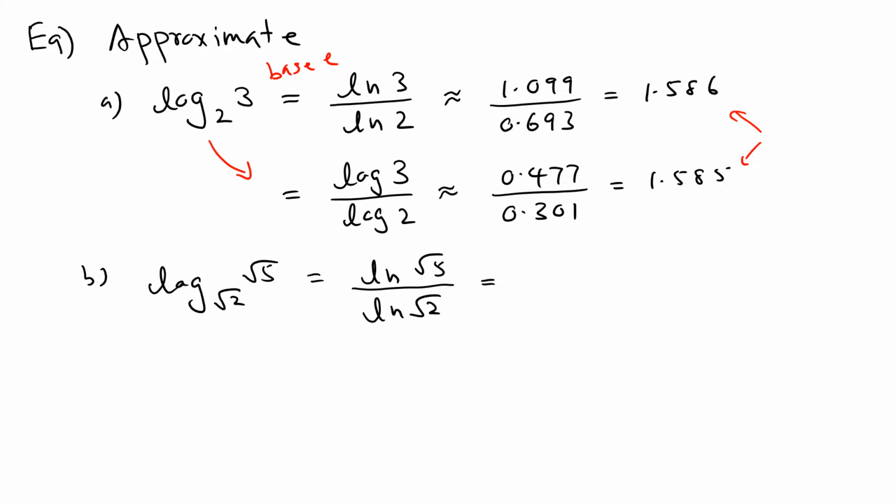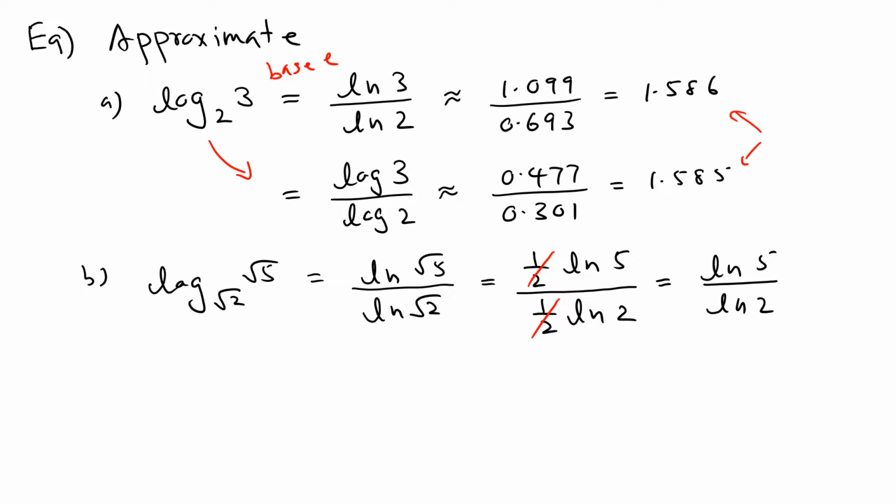Now square root means 1/2, so you can write this as 1/2 ln 5 divided by 1/2 ln 2, and you can see the 1/2 and 1/2 cancel, so you end up getting ln 5 over ln 2. That is the exact value.